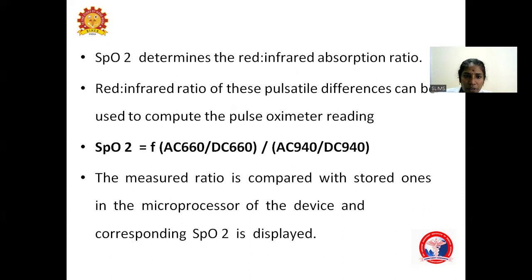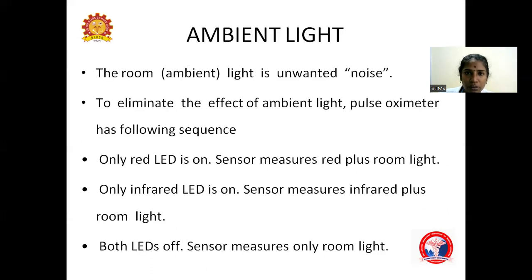So this is one formula, you just note it. SpO2 equals F into AC 660 by DC 660 over AC 940 by DC 940. The measured ratio is compared with the stored one in the microprocessor of the device and corresponds to the SpO2 that is displayed in the monitor.